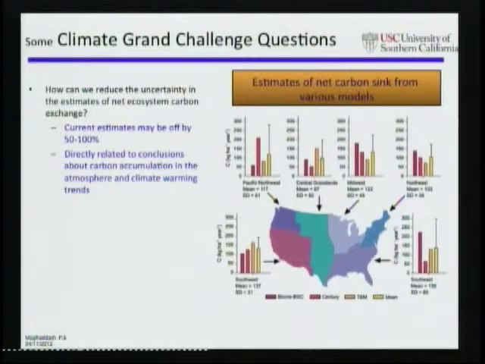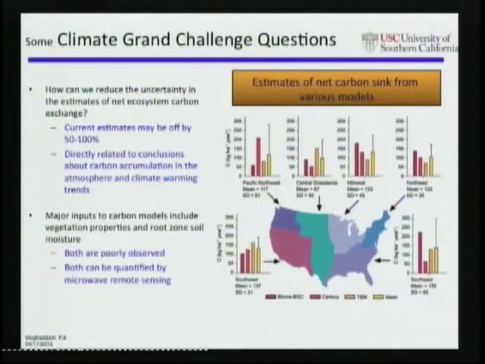Each of these charts is from a different group, and not only do they not agree, sometimes they disagree by 100%. Sometimes the direction in which the models are going is different, so the signs of the estimates don't even match up. So the bottom line is that the whole carbon balance is a very poorly understood problem, and no wonder there's so much controversy around it.